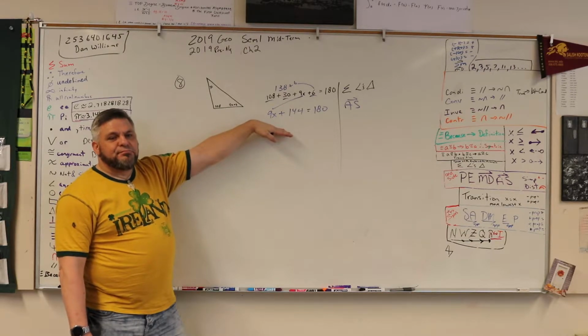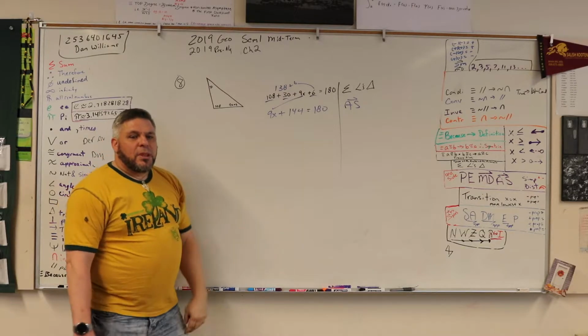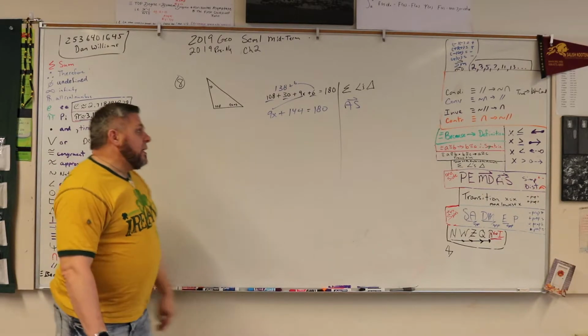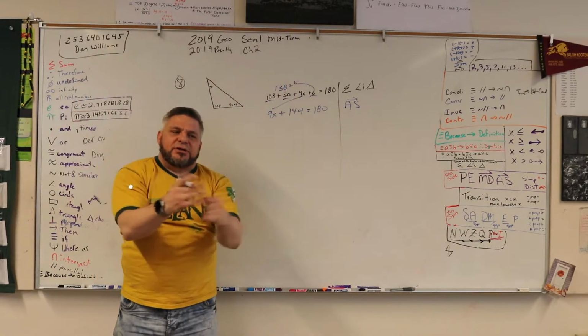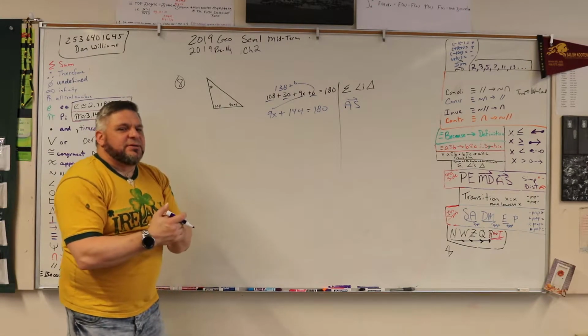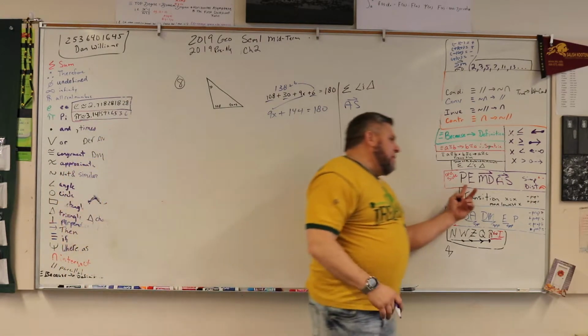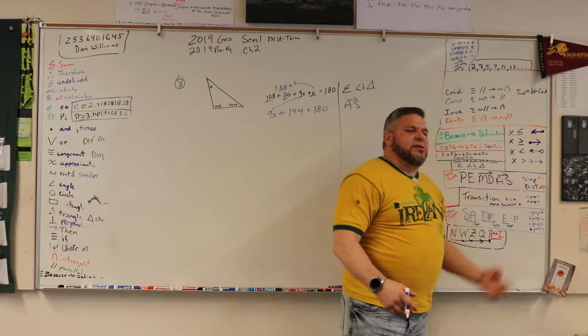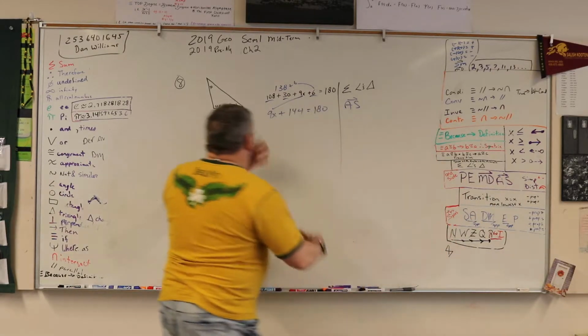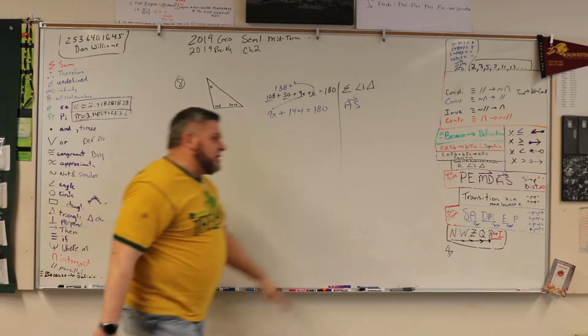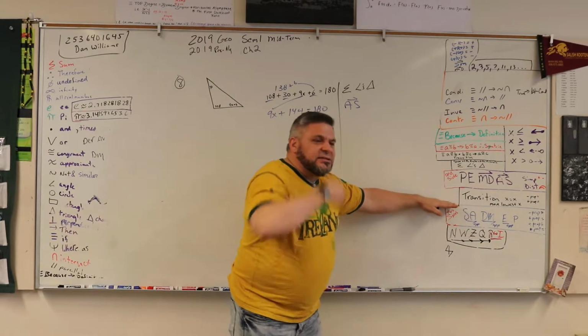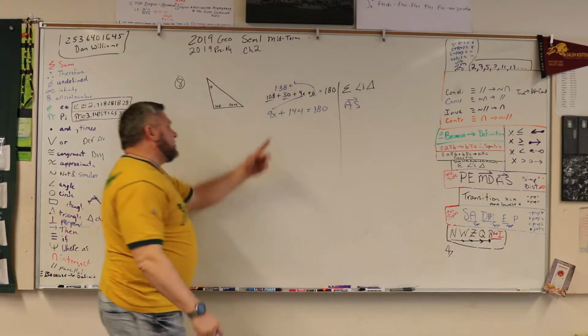Yeah, we can, because we collected all of our like terms. We did all of our PEMDAS. What's at the end of PEMDAS? AS, right? That's the last thing we're doing. We just did it. We're done. Now we transition if there's x's on both sides, but there's not. There's just x on one side.